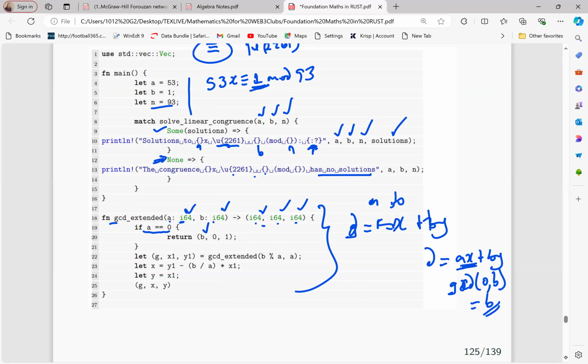A is 0, so X will also be 0. And Y will be 1. So that means if you give it two values and A is 0, then this part is supposed to return this result.